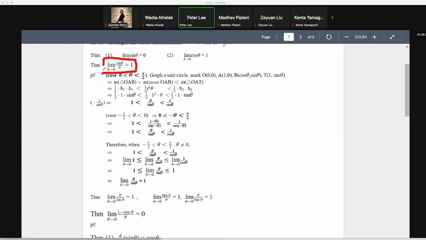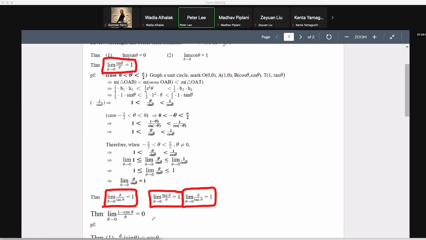Make sure you study this proof. And then if you come to the bottom here, we also have this guy here too. This guy's also 1, and this guy's also 1, and this guy's also 1. These are all the theorems, and so you are free to use any of these formulas.